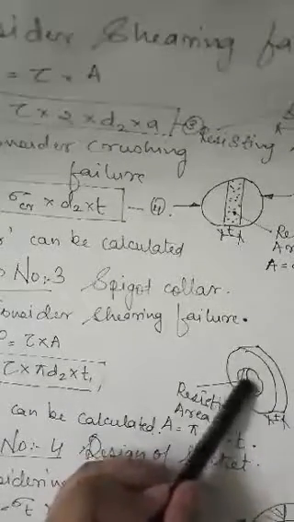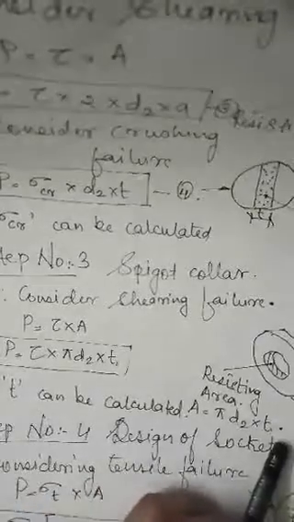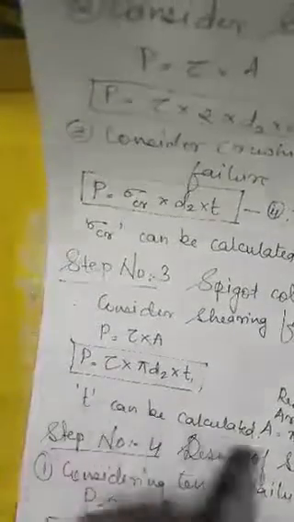And this is our resisting area, and area becomes pi d2 into t. So our formula becomes P equals tau into pi d2 into t, where t can be calculated from this formula.